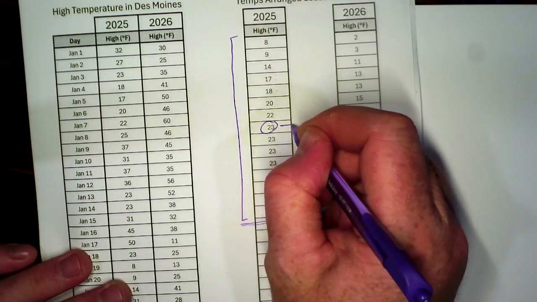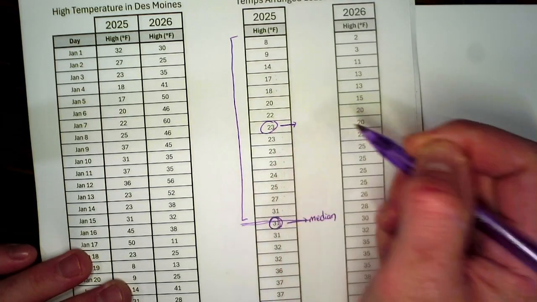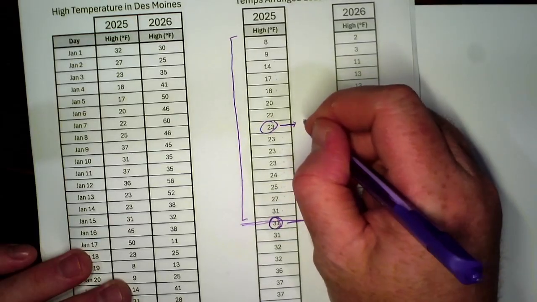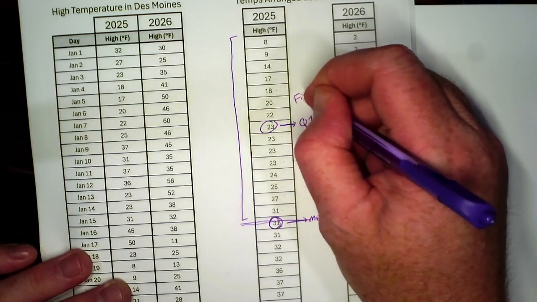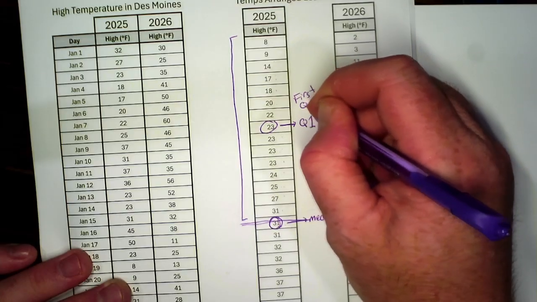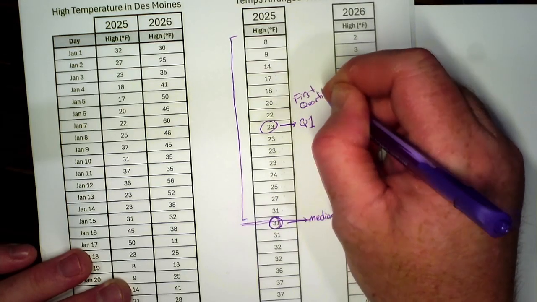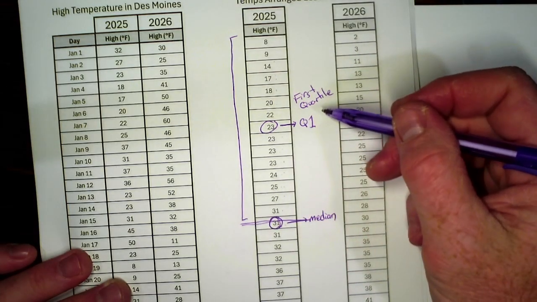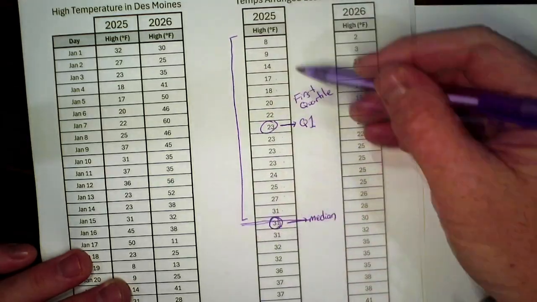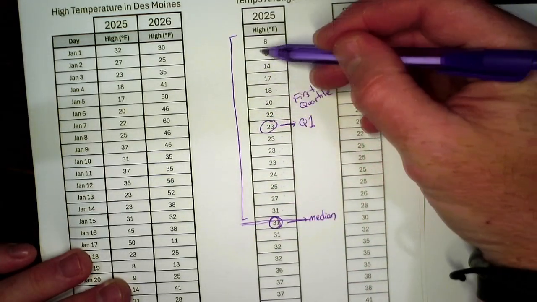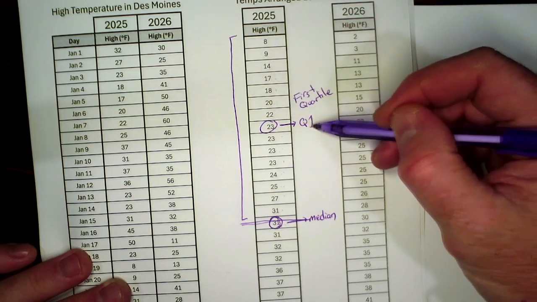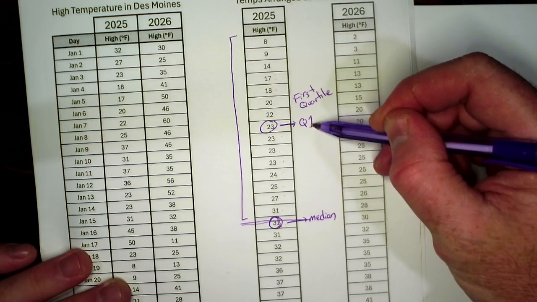Call it what you will, but this is the median of the upper half of the data. We call that Q1, which stands for first quartile. Well, what's a quartile? It's a fourth of our data, and we've just divided half of the data in half. So this represents the first quarter of the data.